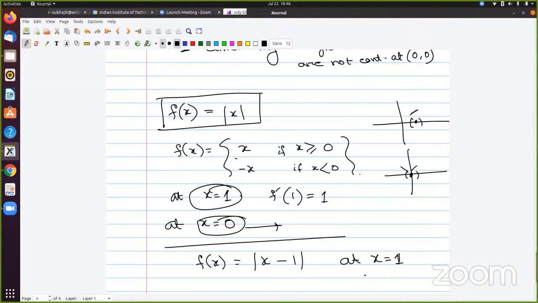So here the function will look like this, and at x equal to 1 there will be a breakpoint. The problem lies where the sharpness will come. If you know where to check for x equal to 0, then you know this shifting type of problem also. So nothing is special with 0, but it is easier to calculate for 0. That's why we create this type of problem.